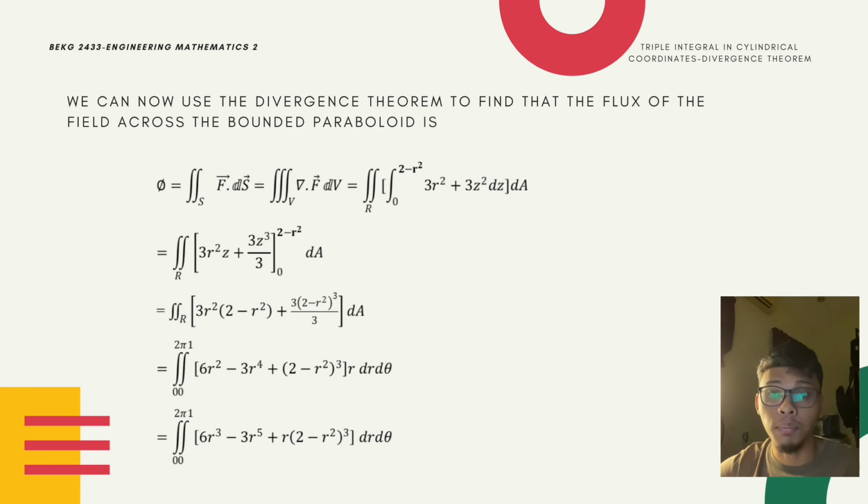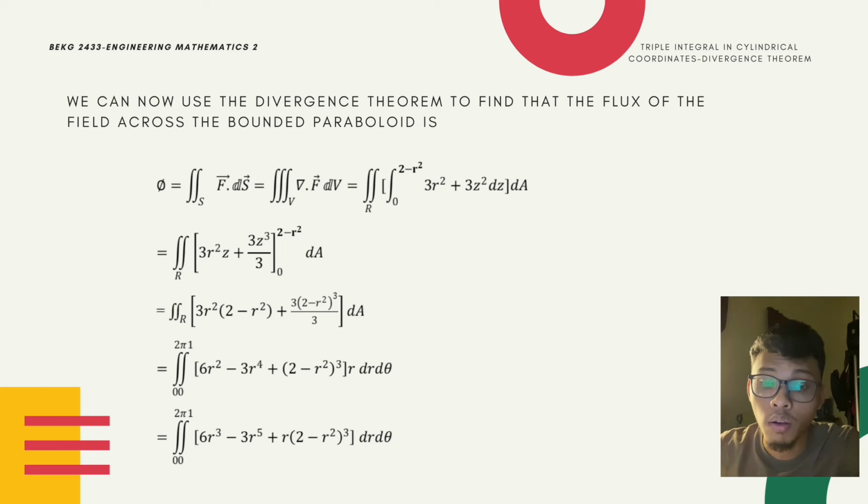After we get the limits, we can now use the divergence theorem to find the flux of the field across the bounded paraboloid and cylinder. Given that flux equals the surface integral of F dot dS, which equals the triple integral of del dot F dV. We know that dV in cylindrical coordinates is dz r dr d theta.